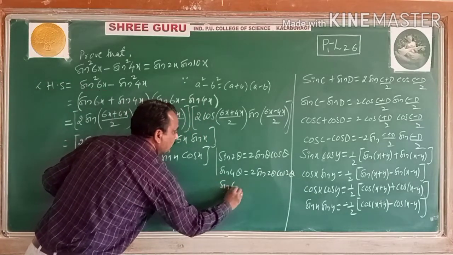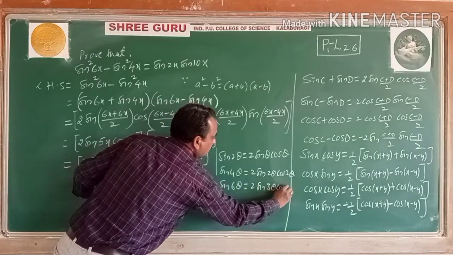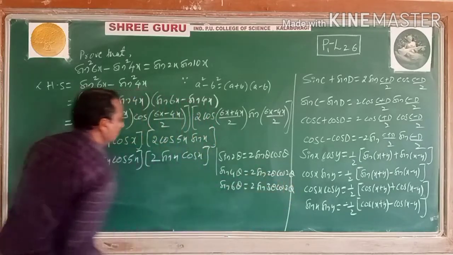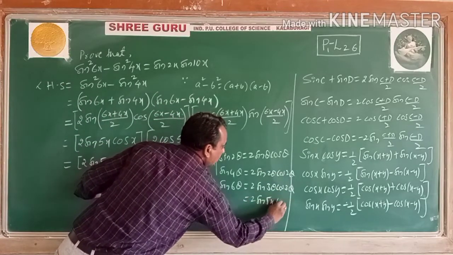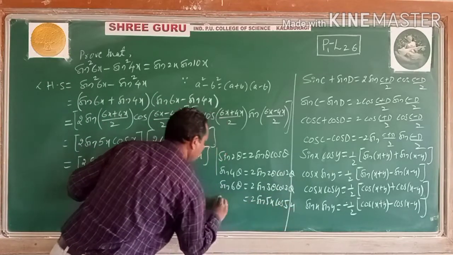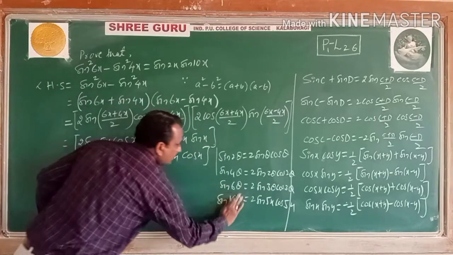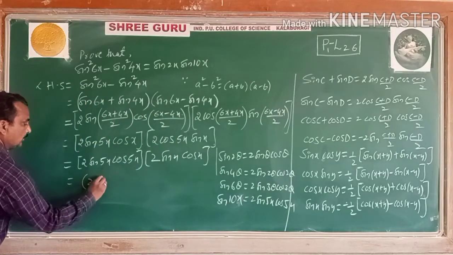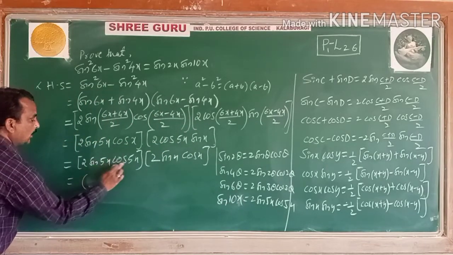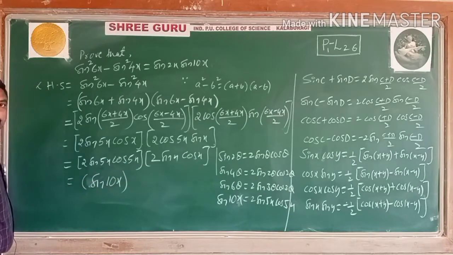Sin 6 theta is equal to 2 sin 3 theta into cos 3 theta, half of the angle. Then this is 2 sin 5x into cos 5x, which becomes sin of 10x. Shall I write this: 2 sin 5x into cos 5x is sin of 10x.